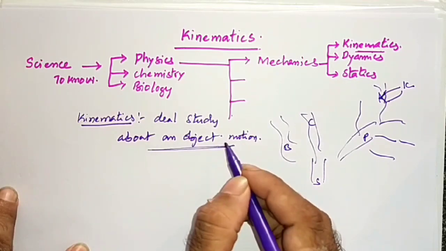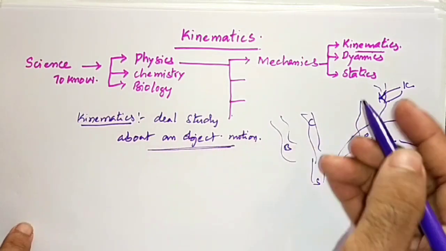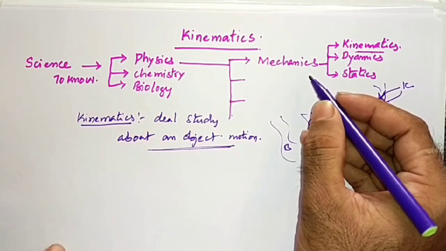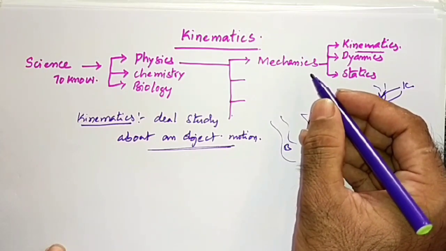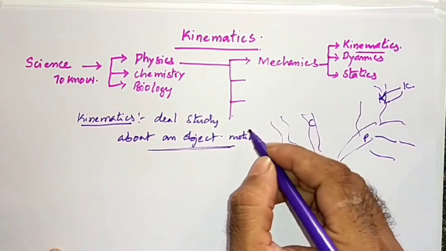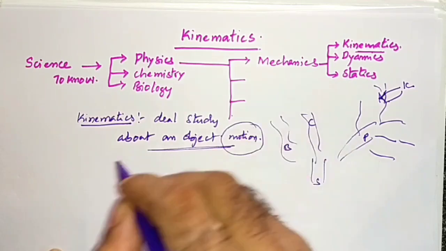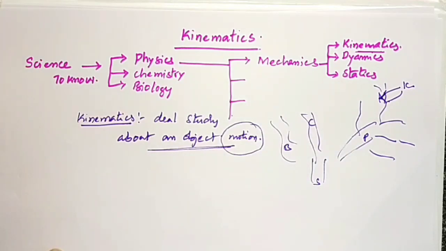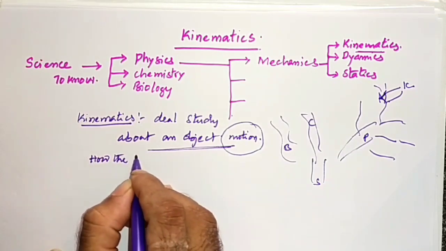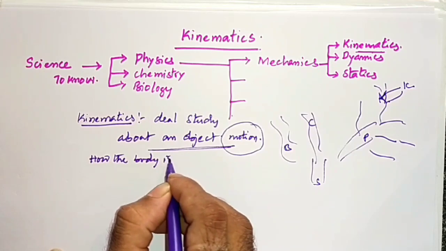Clear? So this is called kinematics. Kinematics is defined as the branch of mechanics which deals with the motion of an object. We discuss only motion. So how the body is moving. Just we are learning how the body is moving. That's it.